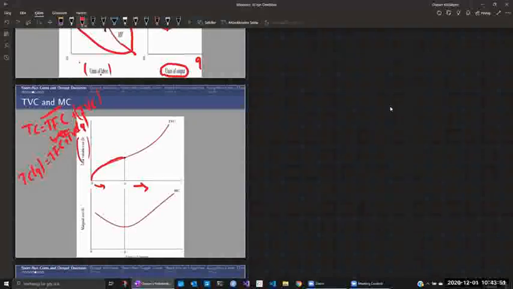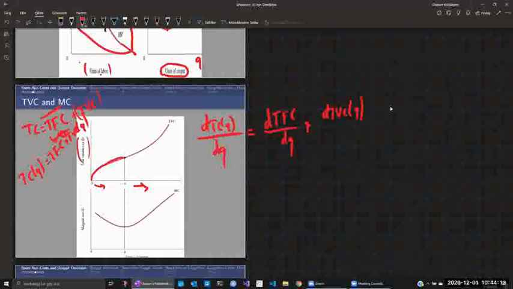So this marginal cost, remember, was given by the change in the total cost with the unit of production, or the amount of production, which was equal to the change in FC plus the change in VC over the change in Q. So the fixed cost term is equal to 0 because it's not affected by the production level.